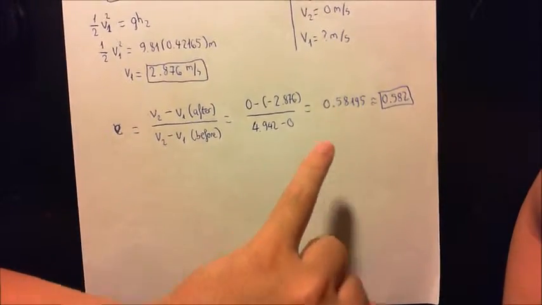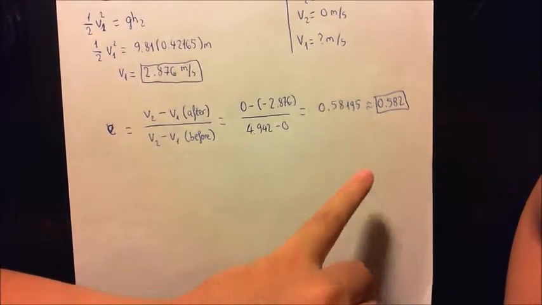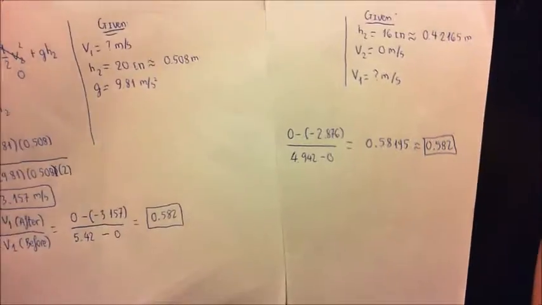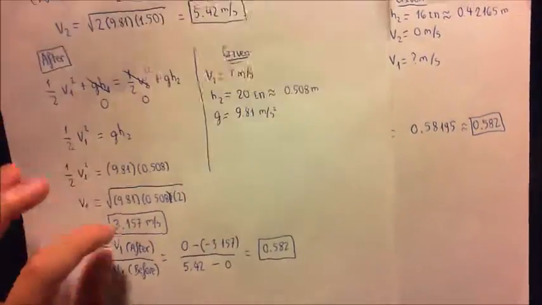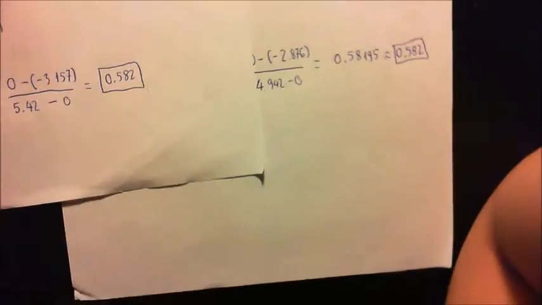Believe it or not, you can go ahead and use a calculator and check it again, but that's the answer that I got from my calculator, which is pretty much the same as trial 1. Trial 1 and trial 2, you see there is 0.582 and 0.582.